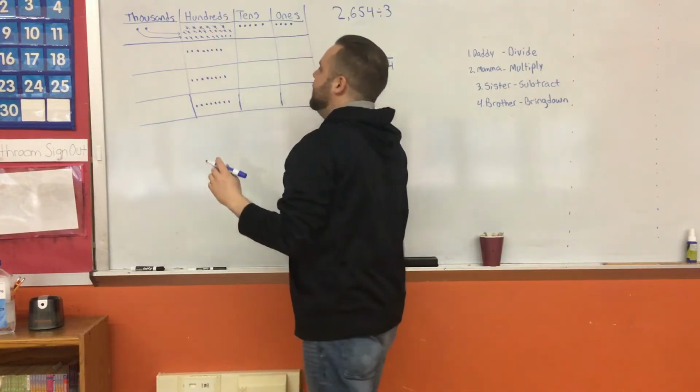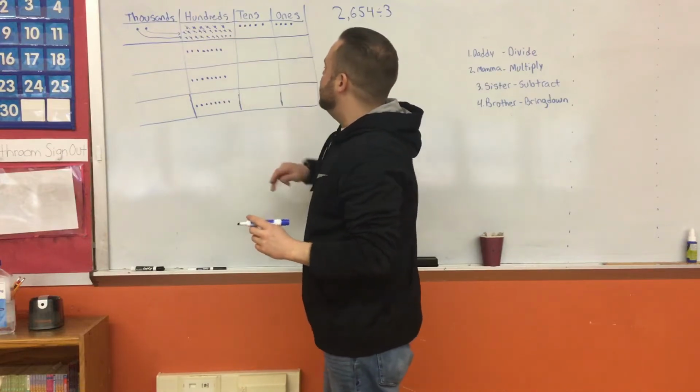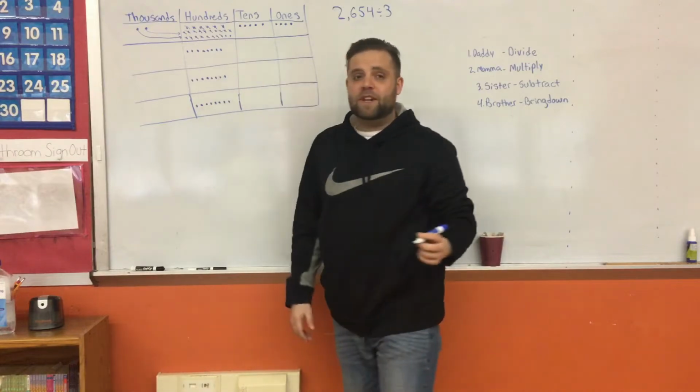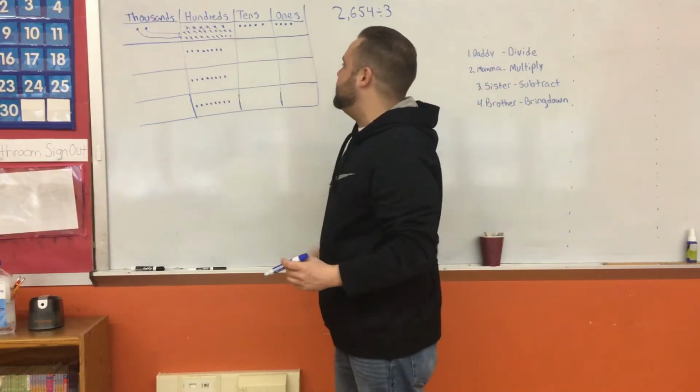Hold on a second. If you can see closely, I have 2 left that I haven't crossed off, but I still have 3 groups. And I know that I'm not going to have even groups if I add these last 2 hundreds.